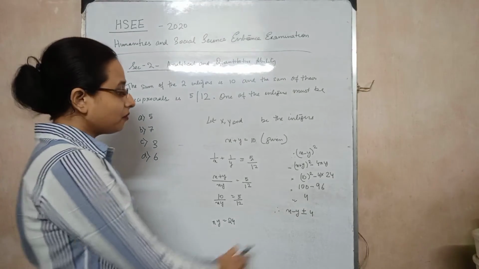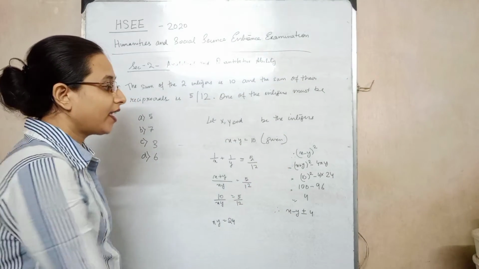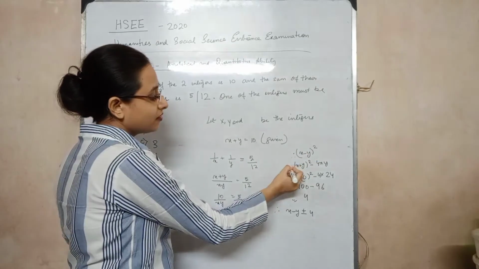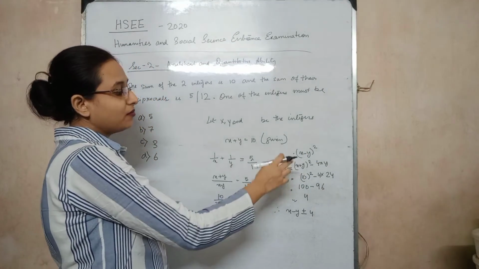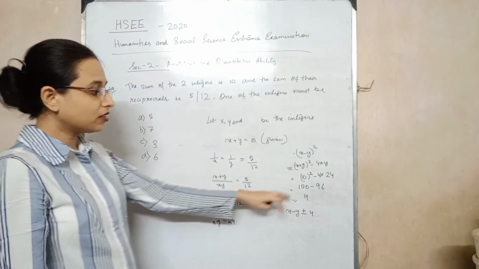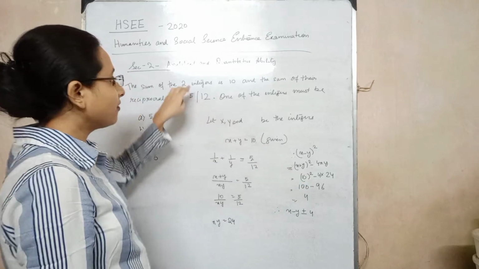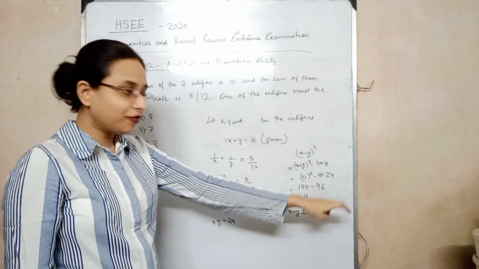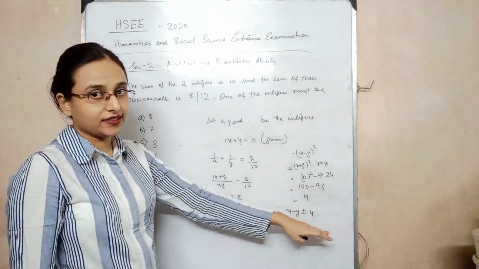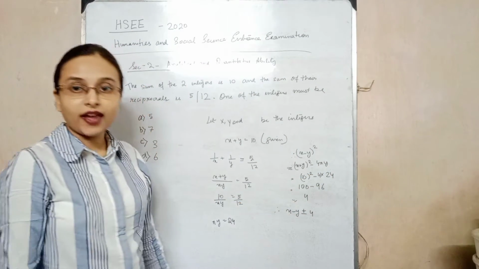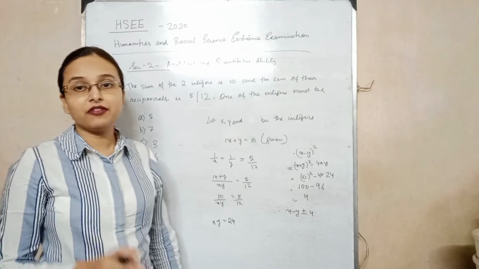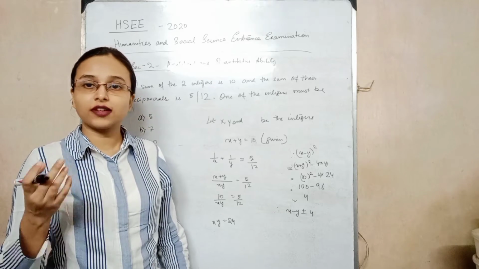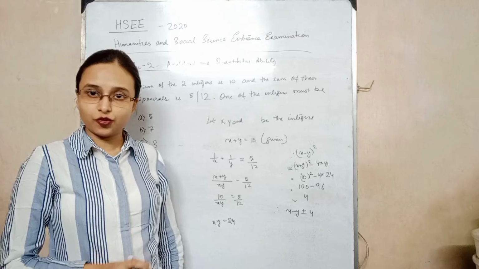Now from the formula, deriving (x minus y) square, which is (x plus y) square minus 4xy, putting the values there, x plus y we know is 10. So 10 square minus 4 into 24. We get 100 minus 96, which is 4. So x minus y will be plus minus 2, which can be positive 2 or negative 2.